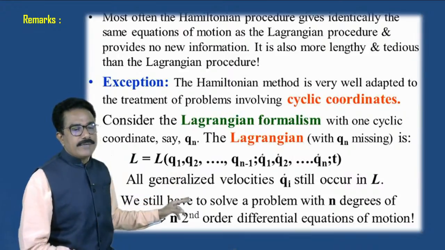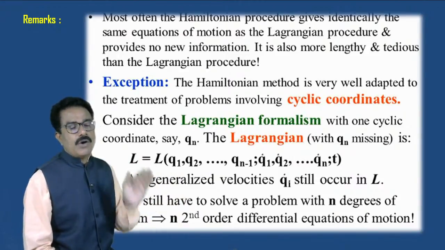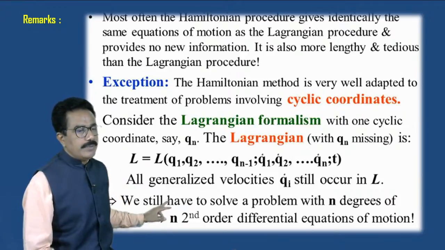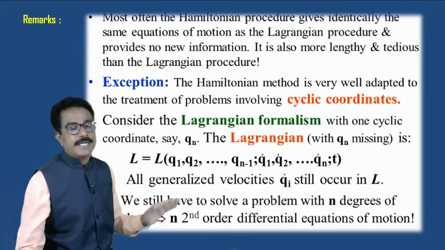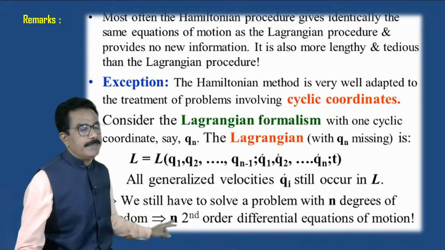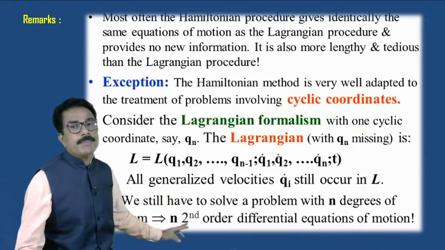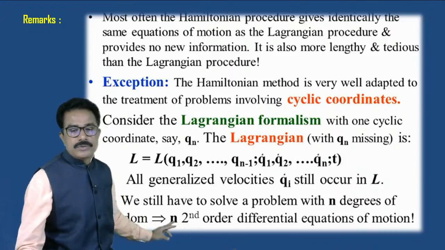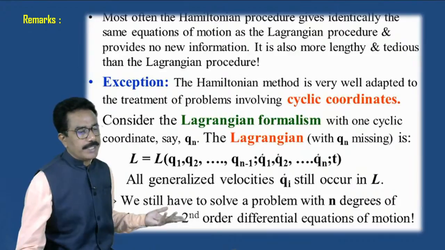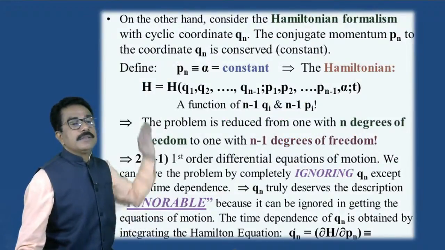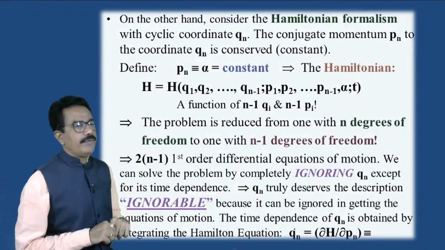All generalized velocities qi dot still occur in L. We still have to solve the problem with n degrees of freedom. This implies that we get n second order differential equations.